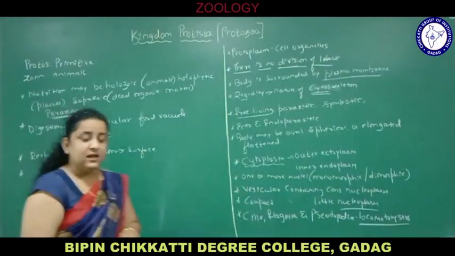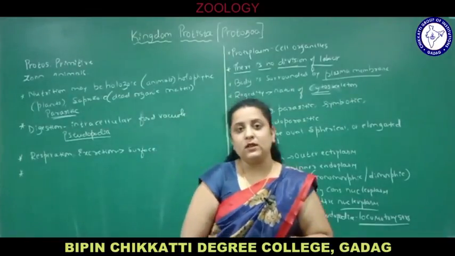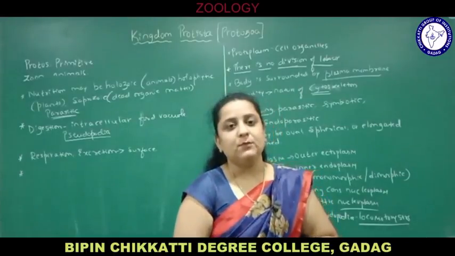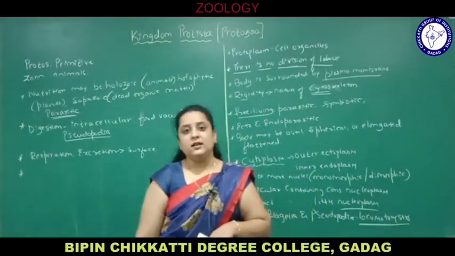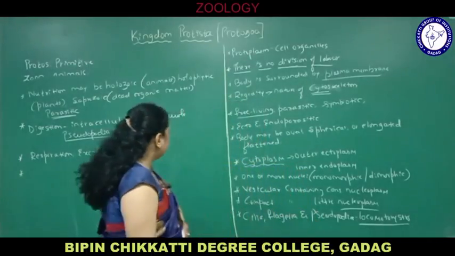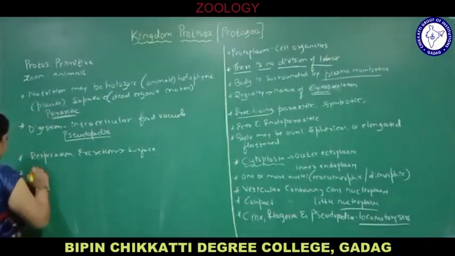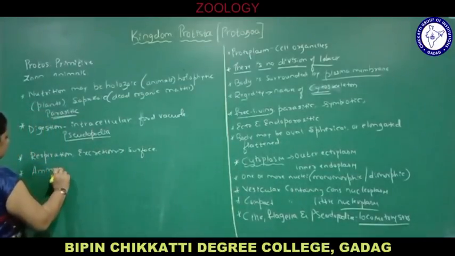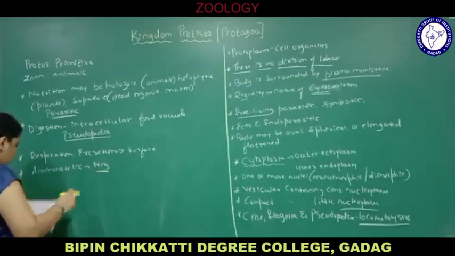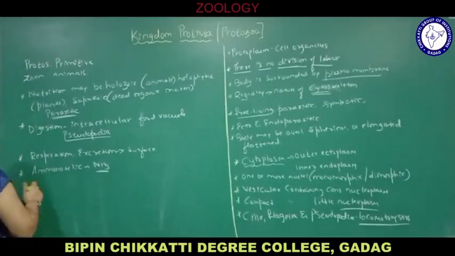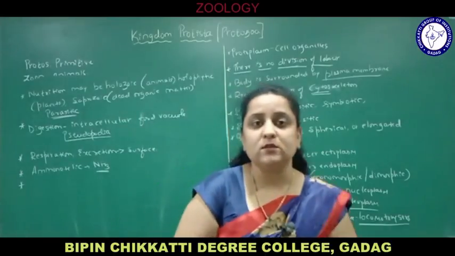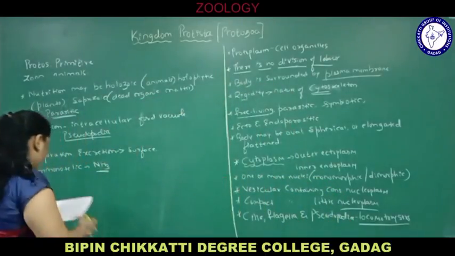Excretion is the removal of nitrogenous waste from the body, and you already studied at PUC level that depending on the type of nitrogenous waste, animals are classified into ammonotelic, ureotelic and uricotelic. Here protozoans are ammonotelic, meaning the nitrogenous waste mainly contains ammonia. Many protozoans also carry out osmoregulation.